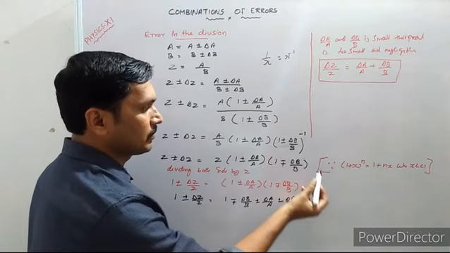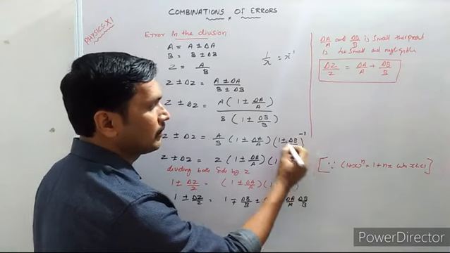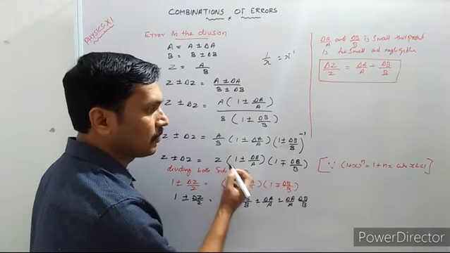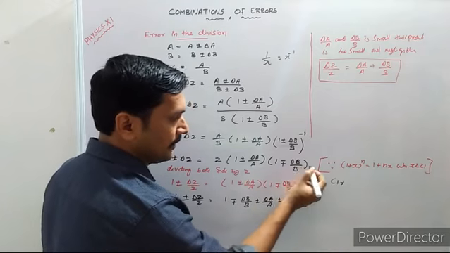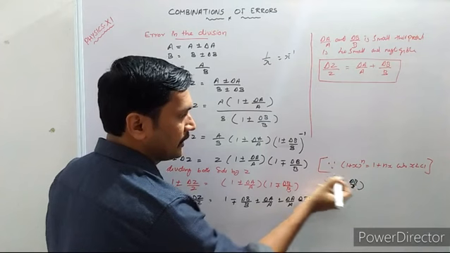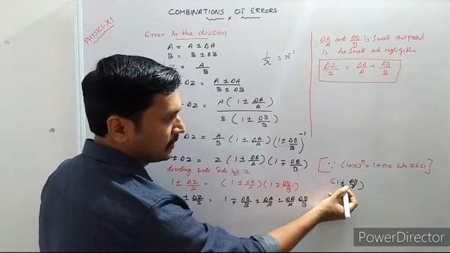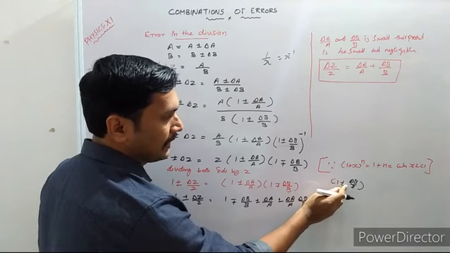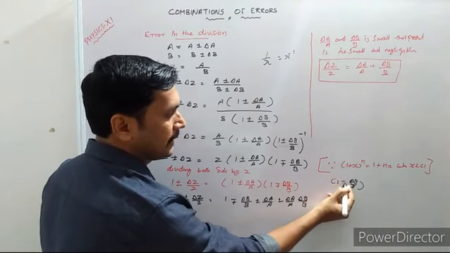Once we are expanding that one, when you are comparing these two, instead of x we have delta b by b, and it is too small actually. So we write 1 plus, instead of x we are writing delta b by b. Instead of n we have minus 1 here, so we are multiplying by minus 1, so you can write plus or minus into minus 1, so it becomes minus or plus.